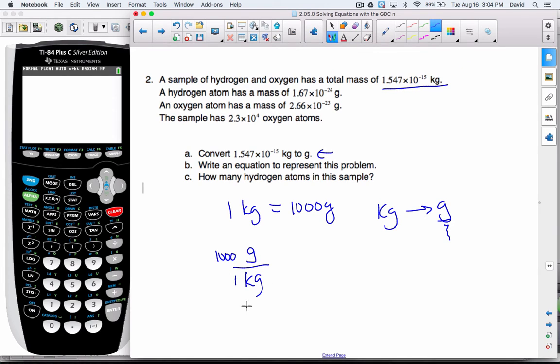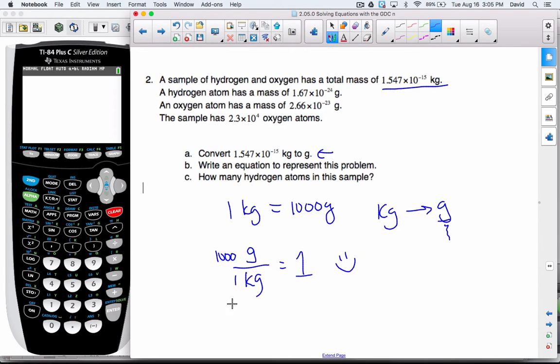Since 1,000 grams is equal to 1 kilogram, this fraction is equal to 1. So if I multiply anything by this fraction, it won't change the amount, just the units. That makes me so happy being a math teacher. We're multiplying by 1. It's awesome.